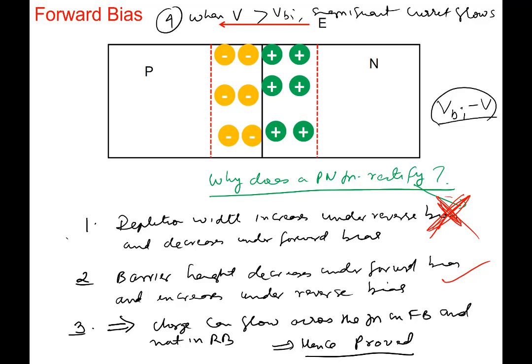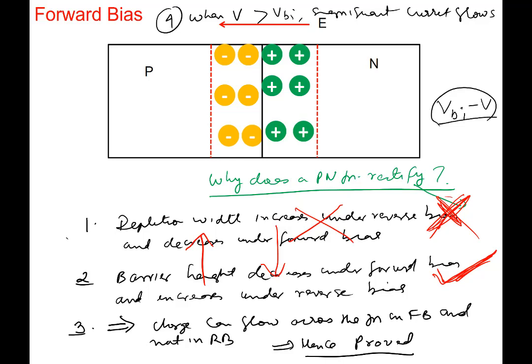The net voltage across the junction becomes VBI plus V, and that causes the depletion width to increase. That is the way the argument flows, not the other way. So this is wrong. Right? So you lose 1/3 marks. You've given 3 points, 1/3 gone. The second one I grant you. Second one is fine.